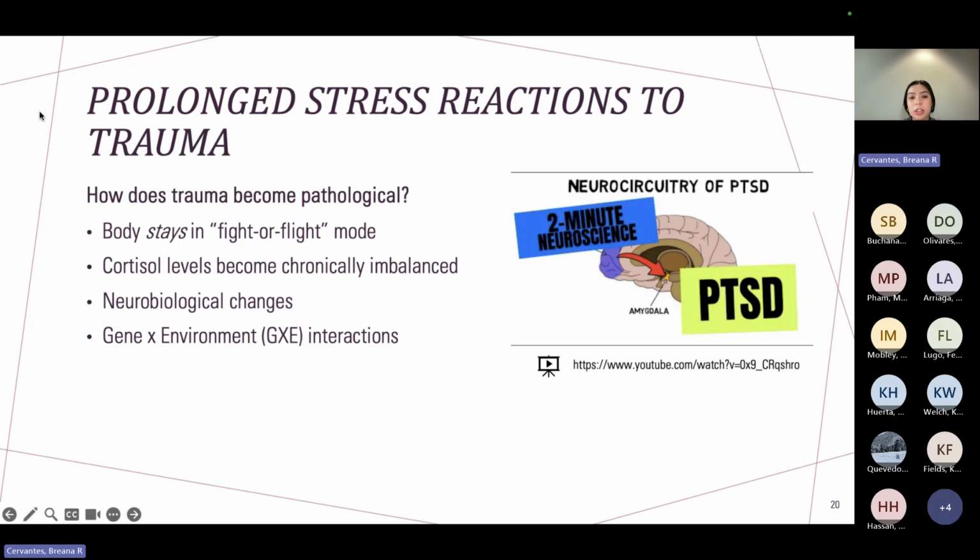The other time you'll see prolonged stress is when someone does develop PTSD. It was normative for your body to respond and go into fight or flight, but what prolongs the symptoms, and why you start seeing PTSD symptoms, which we'll talk about in a sec, is partly a reaction to your body being in such a stressful activation for a prolonged period, so to speak.